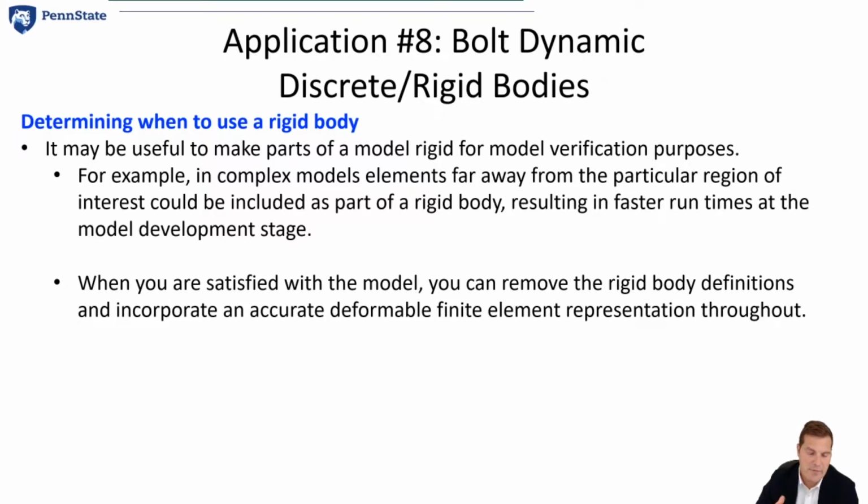So instead of putting everything as deformable right away, which can cause a lot of complexity, what you might want to do is only have one component as deformable and leave everything else as rigid. And so you can slowly add in components being deformable, and so you can help debug your finite element model.